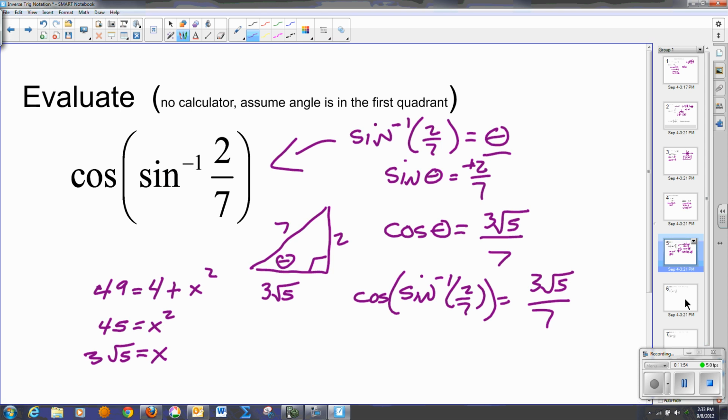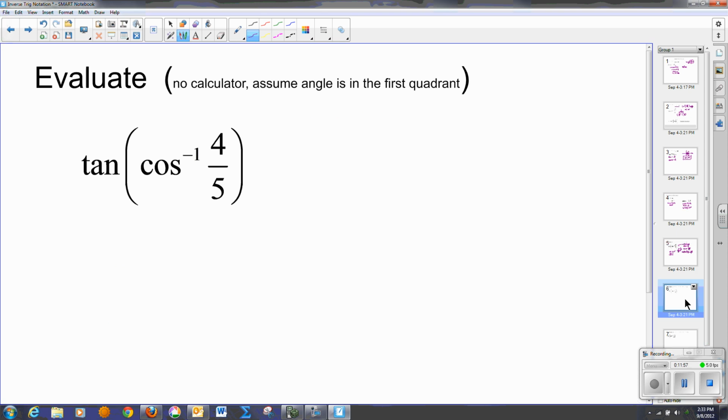Let's do another similar example. We want to now find the tangent of the inverse cosine of 4/5. Once again, I'll say, well, I don't like looking at the inverse notation. We're going to say the inverse cosine of some value is equal to some angle. I'll call that angle theta. So now I'm going to make a substitution back in my original problem.